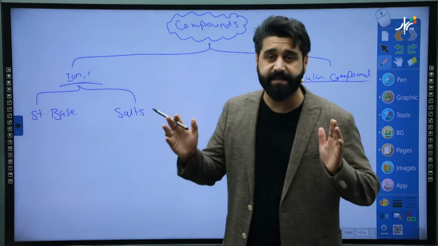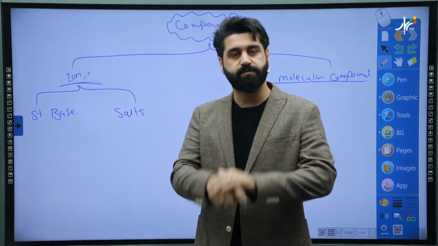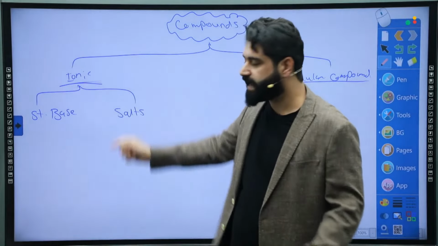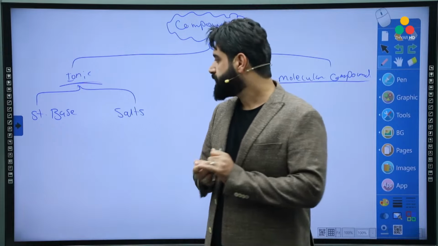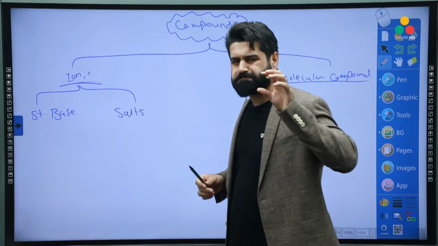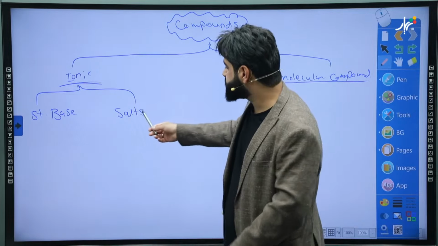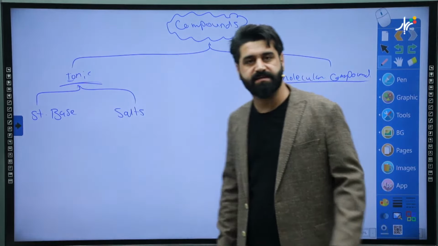Compounds are classified into ionic and molecular, but for the ionic compounds, we have strong bases and salts. So be sure that you are going to be the best recognizers of salts, strong bases, and molecular compounds.